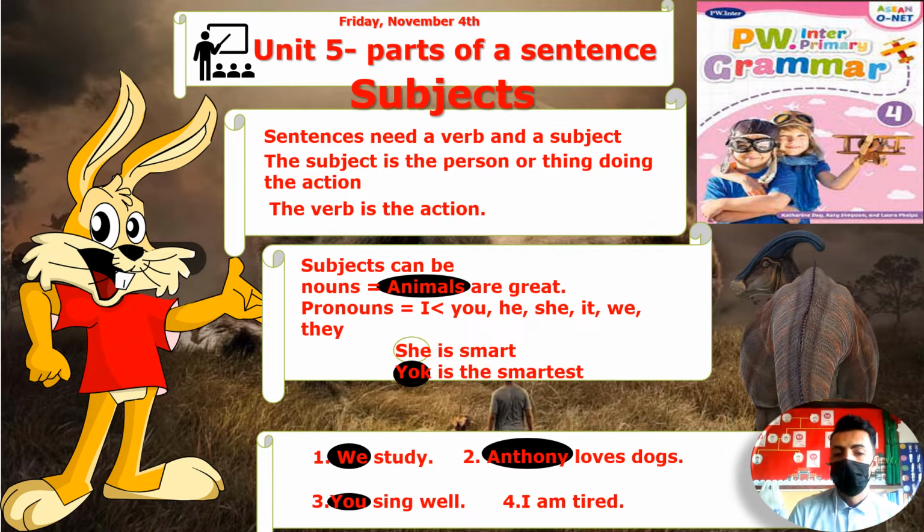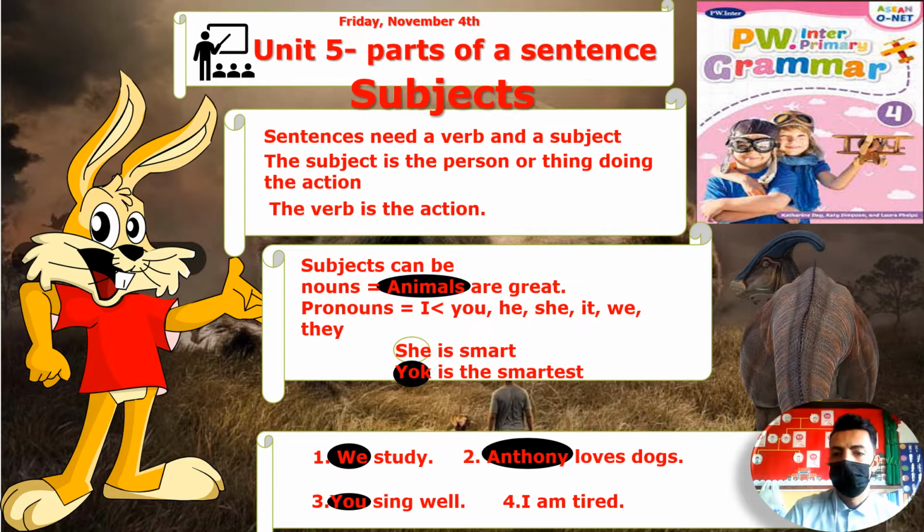Remember, all the verbs to be, am, is, are, were, was, these are verbs. Tired is an emotion, a feeling, and it is an adjective. And adjectives describe who? Adjectives describe the subject.